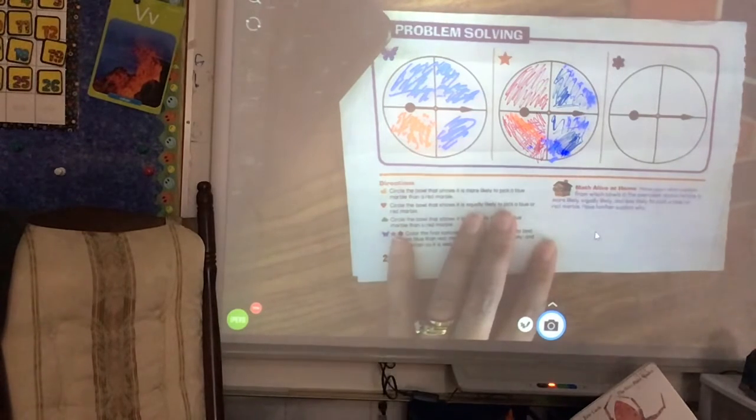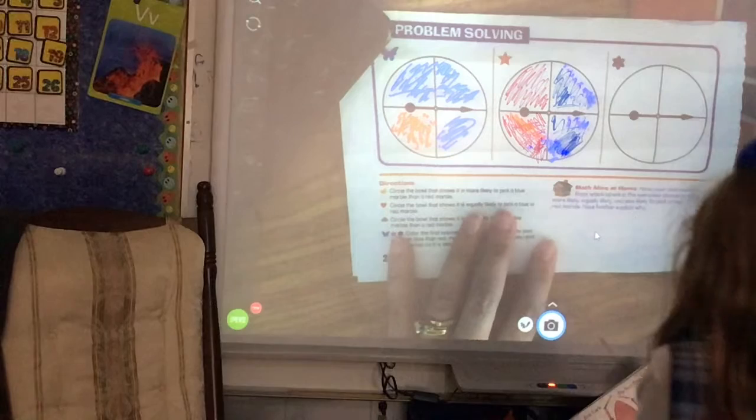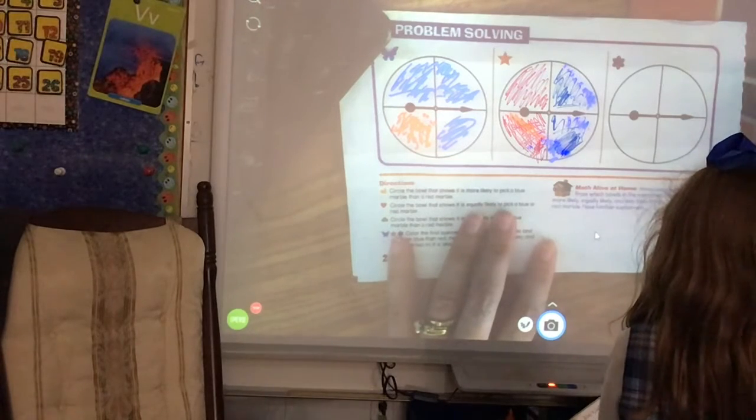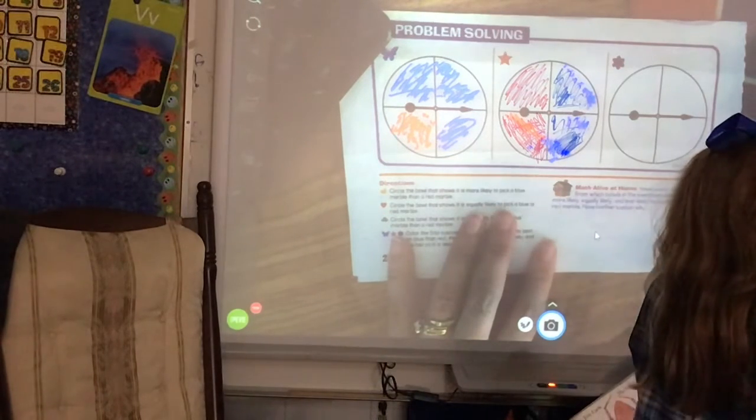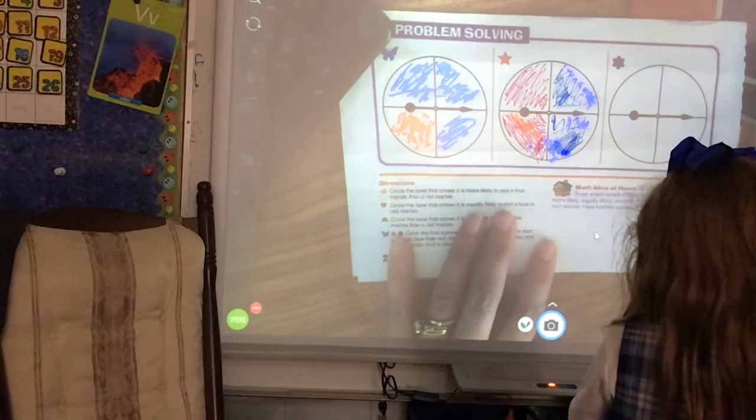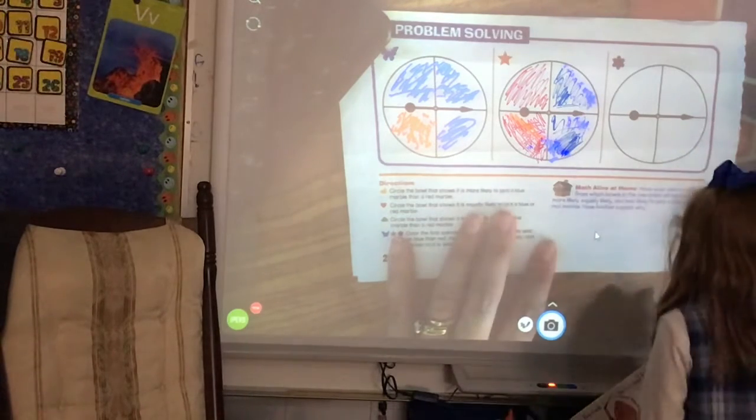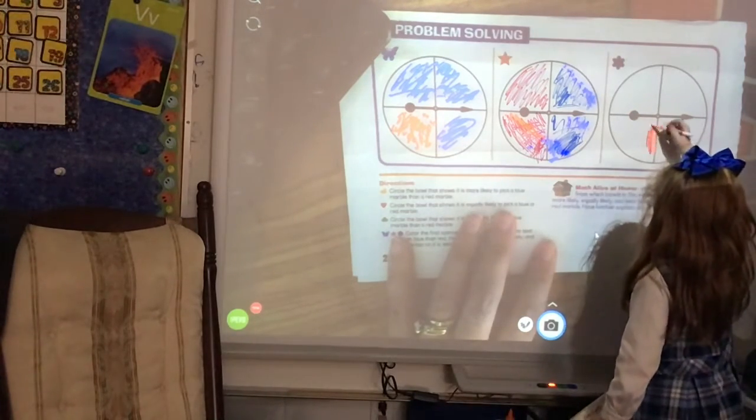Okay, Mom. Here is a red one, and here is a blue one. Which one do you want first? Okay. I did. Less likely to land on blue.